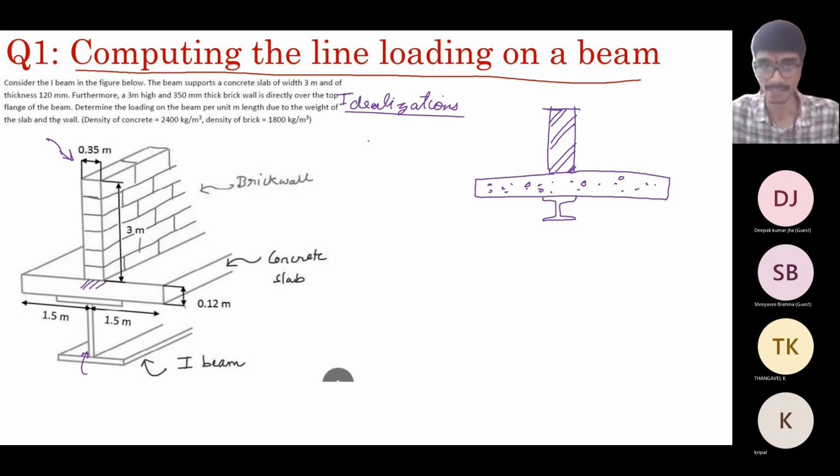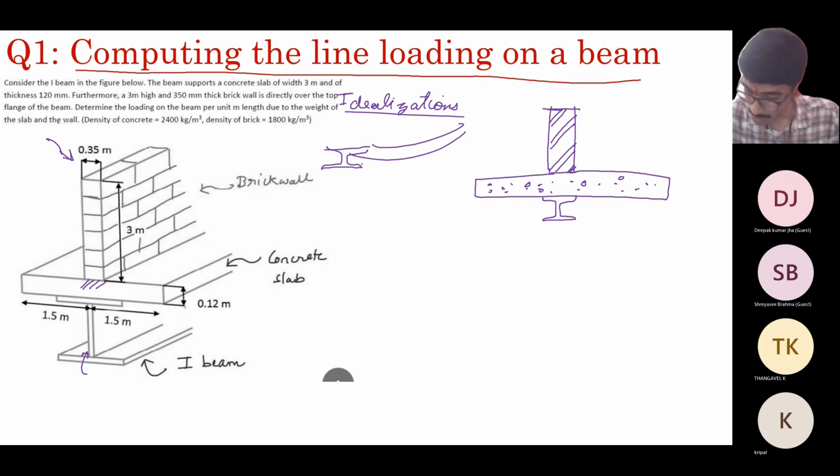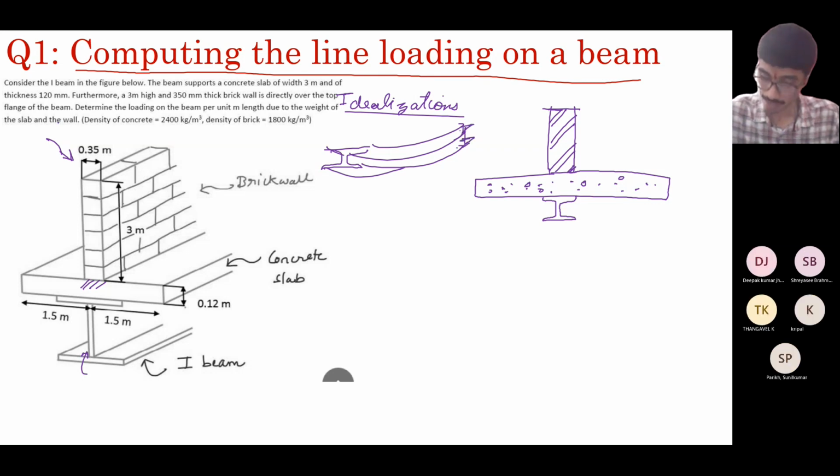So the first idealization is, there is some load that is coming onto the beam. If you take the beam as such, it will bend. It will bend like this. It will bend to some shape.